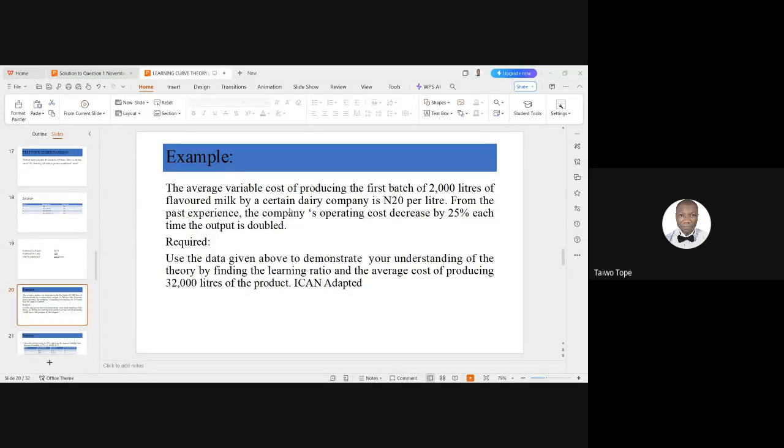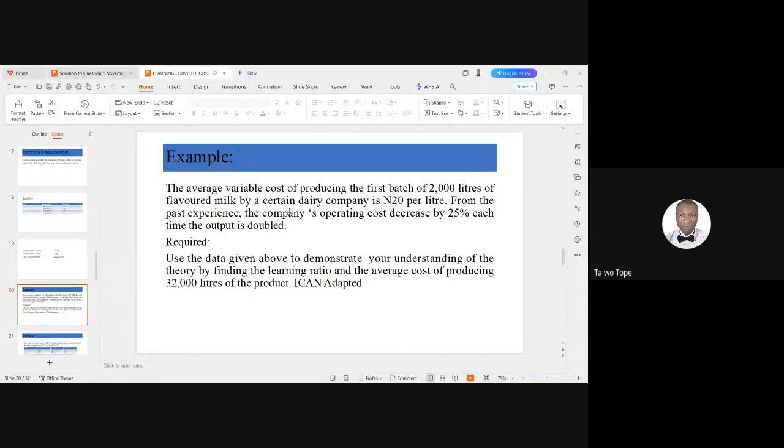So the point is this: if you are reducing costs at the rate of 75% and you incur 20 naira at the first instance when you produce 2,000 liters, when you are producing 4,000 liters, what will be the cost? At what rate will you reduce it? It will reduce to 15 naira.